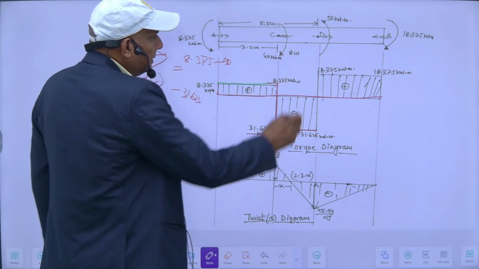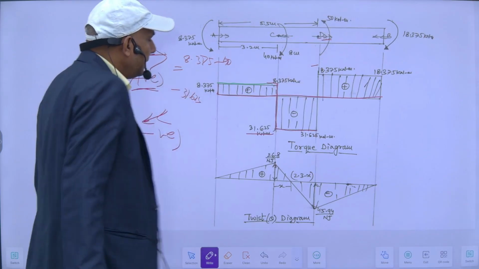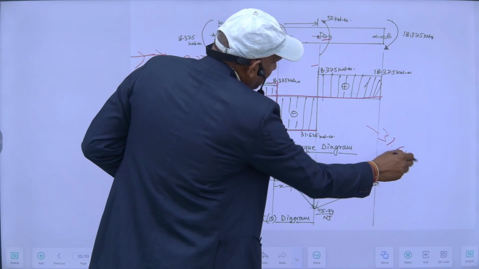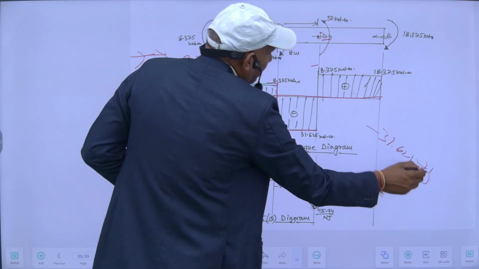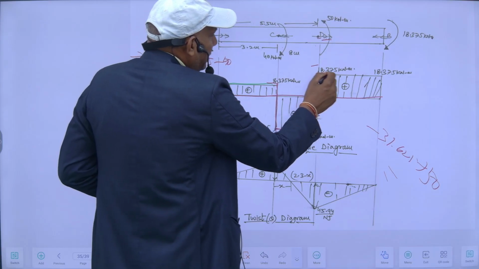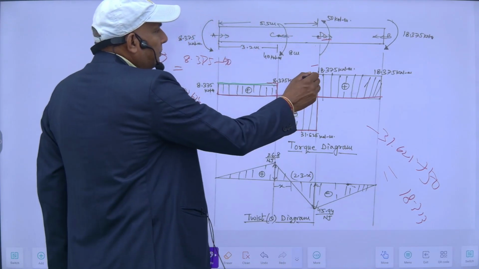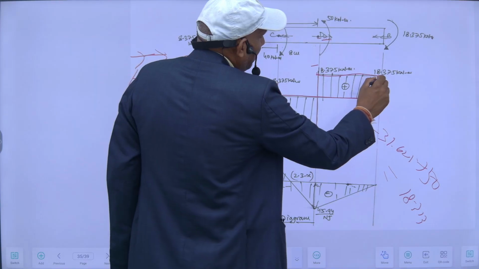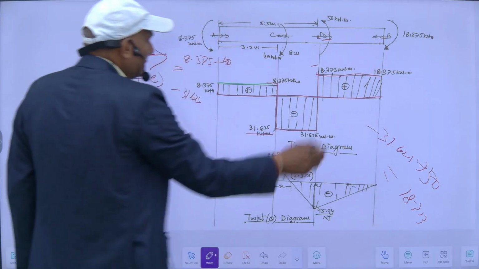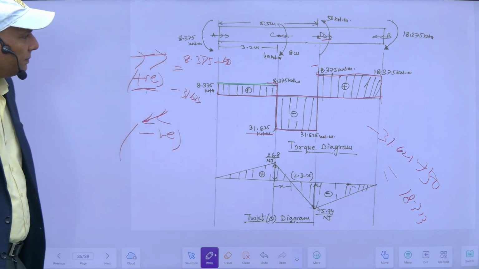And again here, this direction is also 50 and this is plus. So minus 31.625 plus 50, I will get 18.375 kilonewton meter, which is positive. This will remain constant from here to here, and then again it will meet the baseline. So this is my torque diagram.